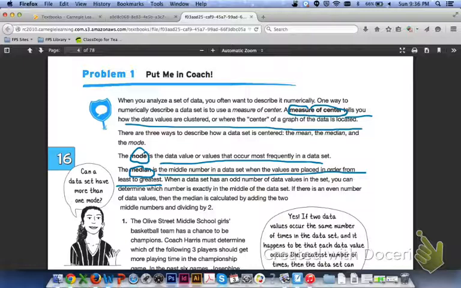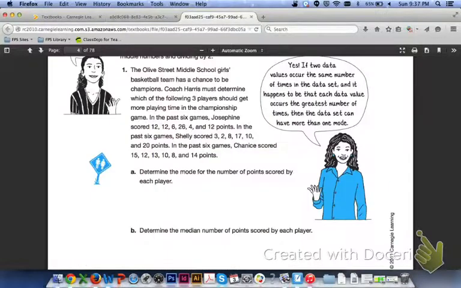So here's a couple of instances where there's differences in how to find the median. So that'll be important for us to go back to. I'm going to put a little star by this, so we make sure we go back to it if we have trouble thinking about how to find the median in different situations. So let's take a look at problem number 1.